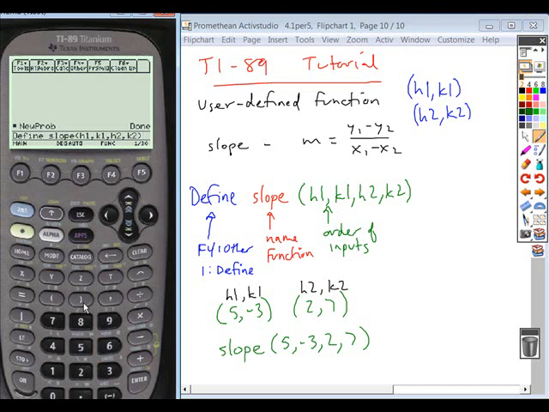So this is the order of the inputs. The comma is right above the 9. You can call the inputs whatever you want, but the h's and k's are the easiest way to think of it.